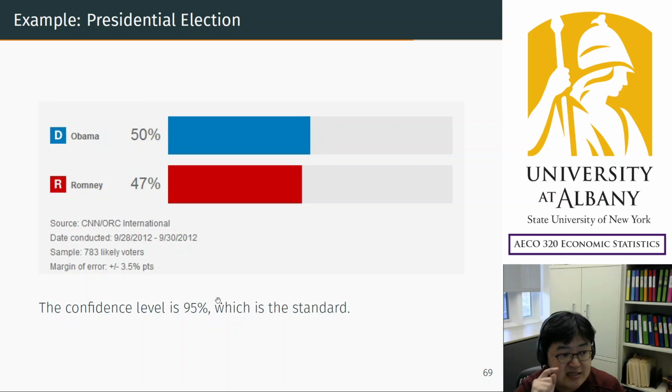The reason why it is not stated in this graph is because 95% is the standard. So in most cases, if the confidence level is not given, then you may expect 95% would have been used.